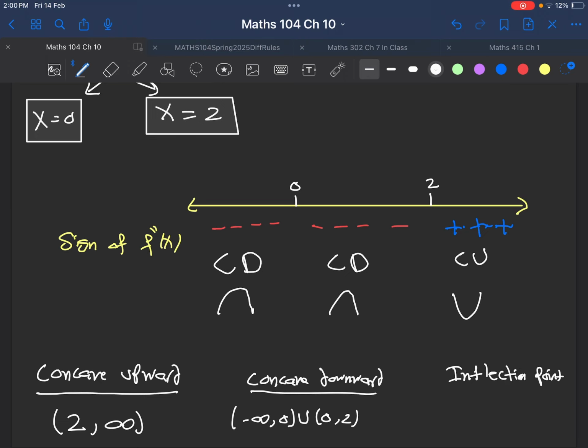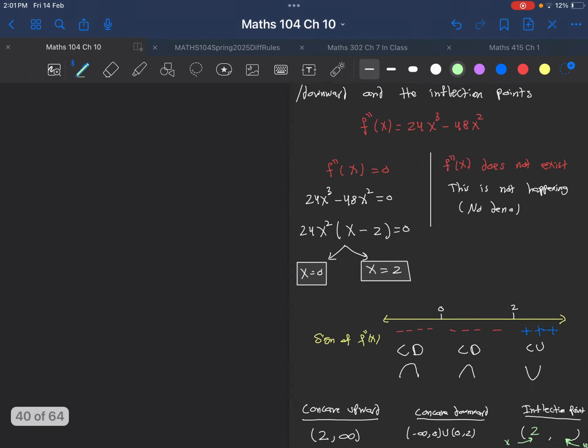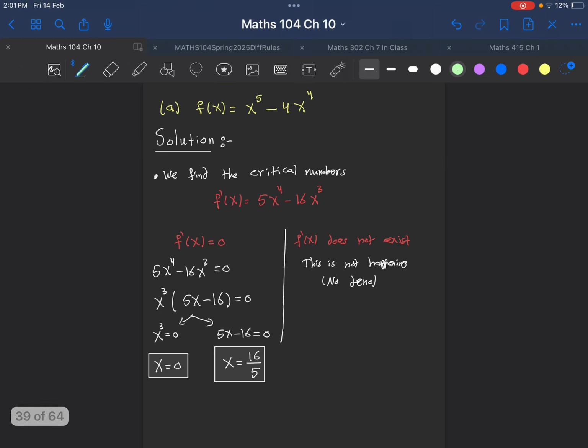Finally, inflection point, which means you have a value of course, inflection point is x equal to 2, and then we need to find the value for the y, the original function. We substitute x equal to 2.